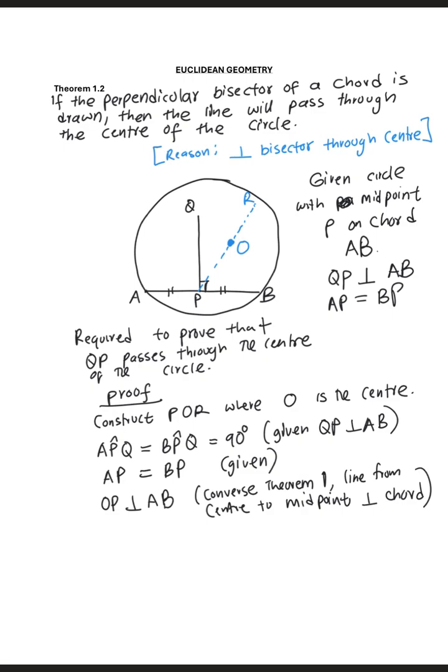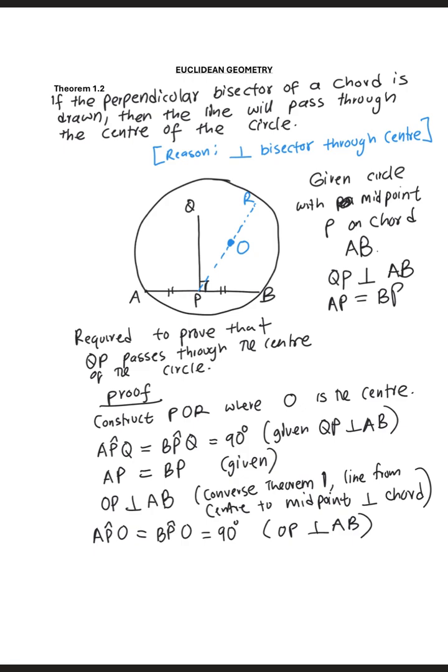Because we have shown that OP is perpendicular to AB, angle APO is equal to angle BPO, and they are both 90 degrees, because we just showed that OP is perpendicular to AB.